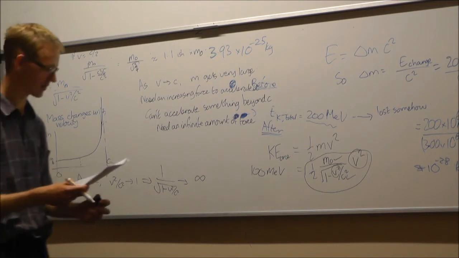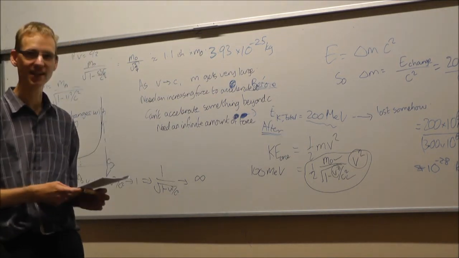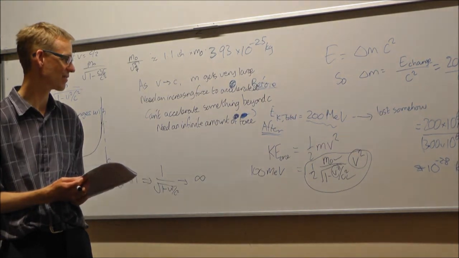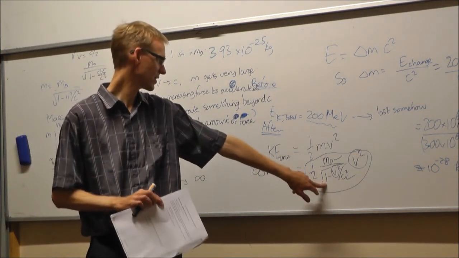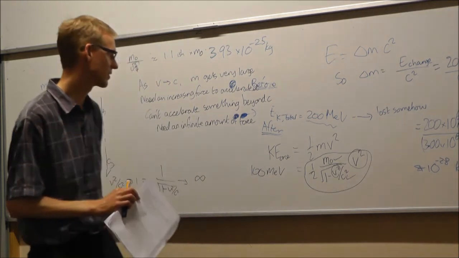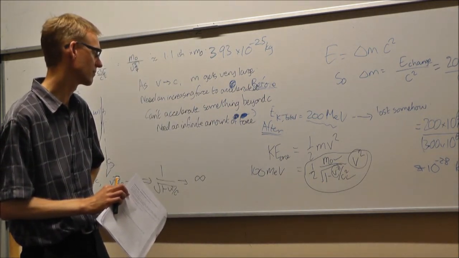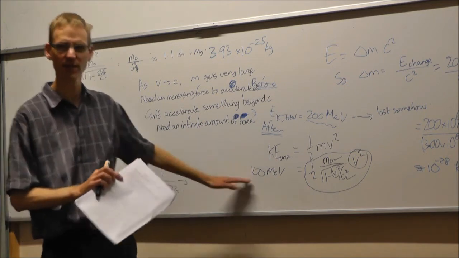I think at this point a calculator would be a good idea to think about that. We would need to rearrange this for v, and that might get quite complicated. That's the way to do it, isn't it?